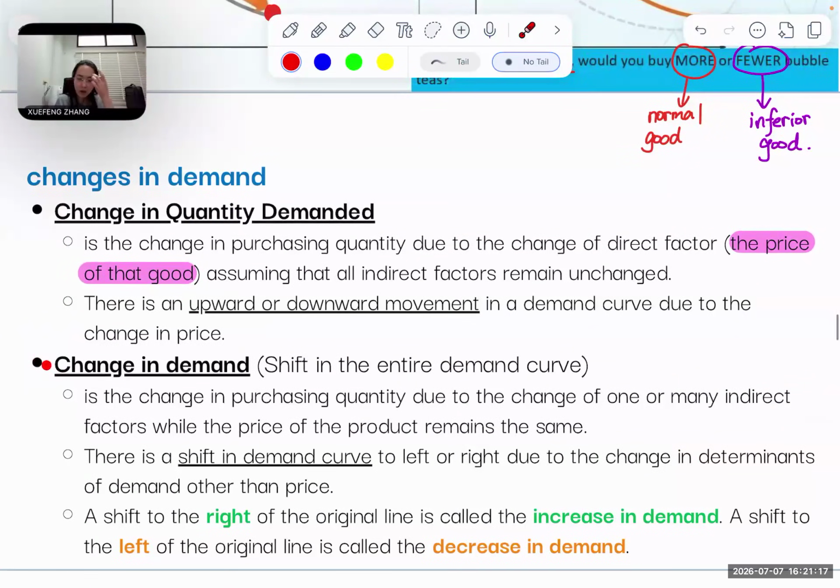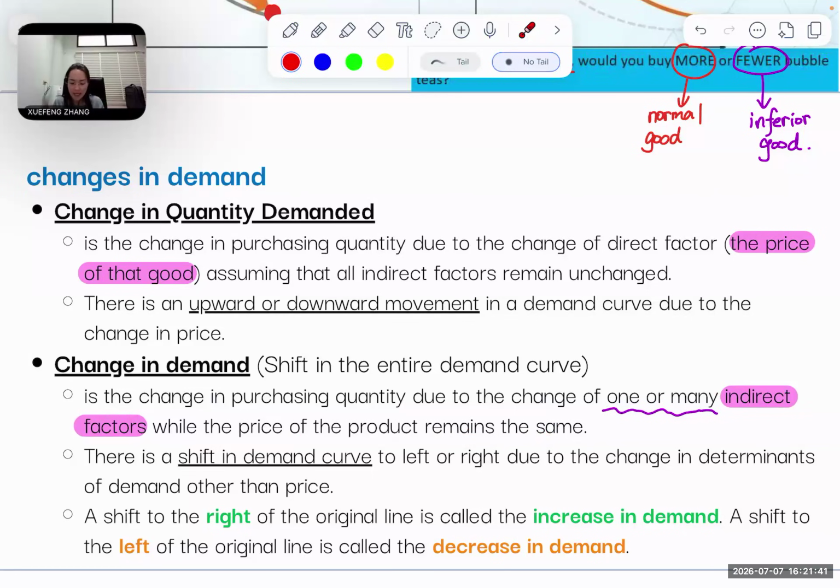And the second one, we have change in demand. This is the change in purchasing quantity due to the change of one or many indirect factors, when the price of the product remains the same.